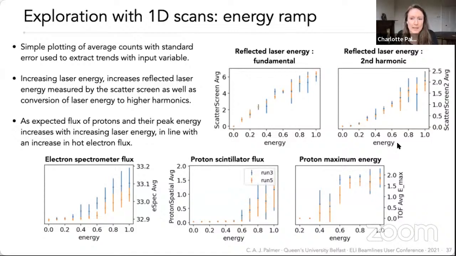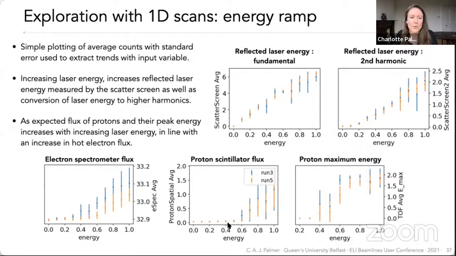As we might expect, the reflected laser energy in the first and second harmonic, which is shown here in the upper right, increases with increasing laser energy, as does the electron spectrometer flux and the proton flux taken from the proton scintillator. But you might see that there's a bit of an offset here, that the proton flux doesn't start going up until we're a bit more than halfway through scanning up the laser energy.